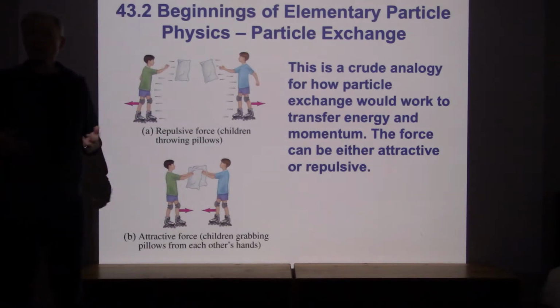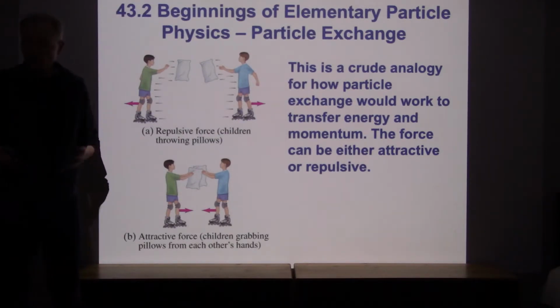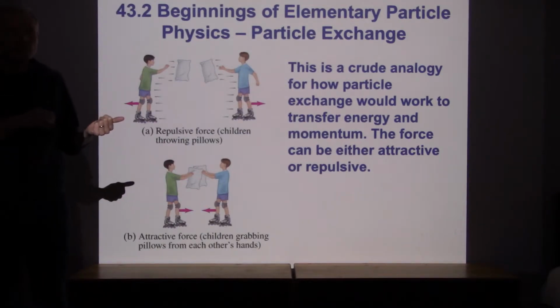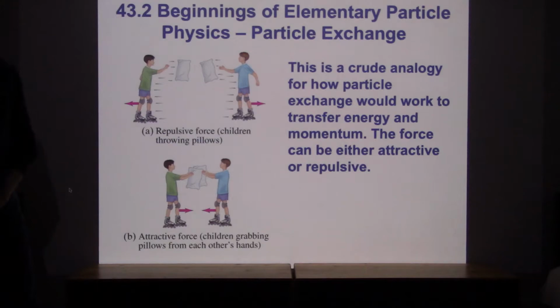What the Standard Model includes are electromagnetic forces. We do have a quantum version of electromagnetics. It also includes what's called the weak force and the strong force. Those are forces that we've talked about in the nuclear physics chapters. And then there's an additional, I'm going to call it a force.